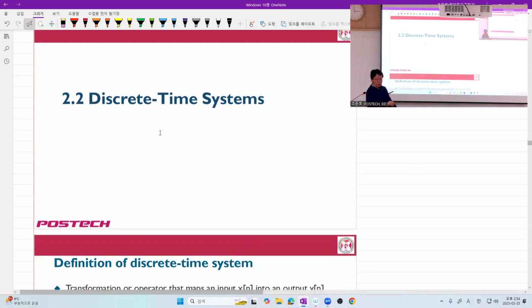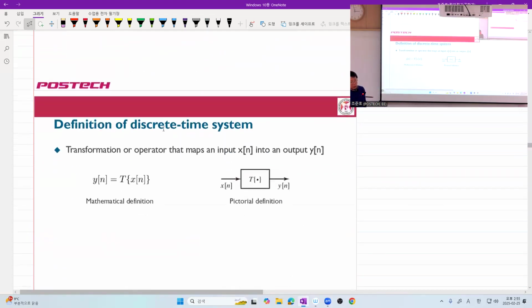Now, let's move to the review for discrete time systems. Here goes the definition. And usually, we love to use a block diagram. Block diagram means that we have a block and input arrow and output arrow. For signals and systems undergraduate courses, usually we have a single input, single output.